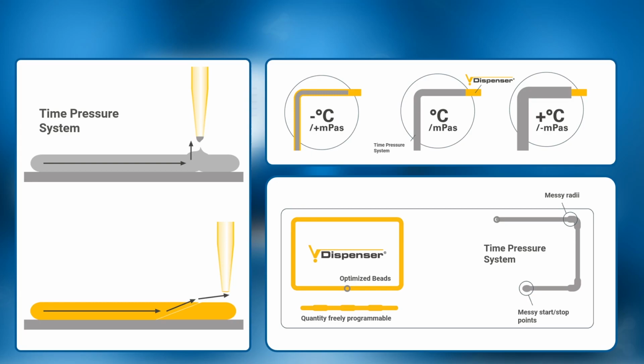All of these functionalities we cover with our volumetric dispensing systems. That means we have a very constant bead over the complete outline, independent of the speed and the viscosity of the material, and, as we said before, a very accurate start and stop point.